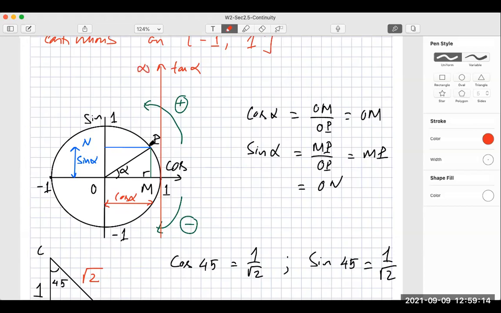For any angle alpha here, in order to find the tangent, just connect the point on the circle to the origin and extend it. Wherever it cuts, that is the value of the tangent. If the angle alpha comes closer and closer to pi over 2, it will cut at the very top here, right? It goes to infinity.